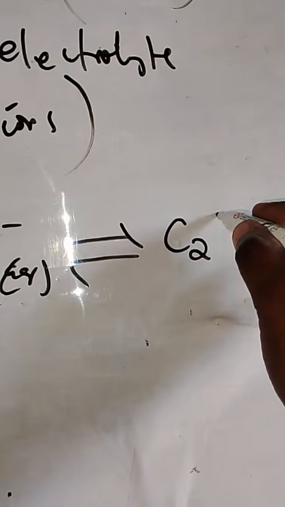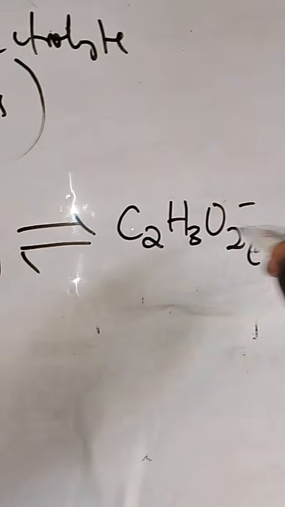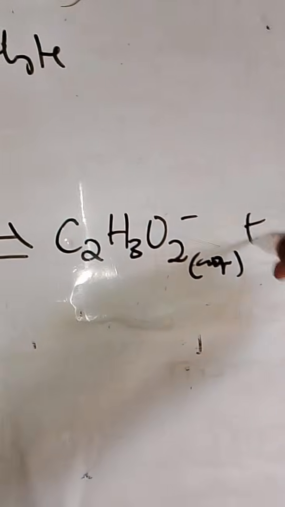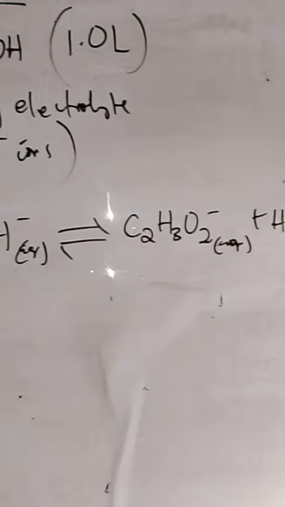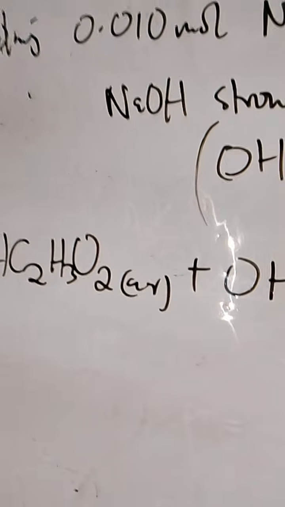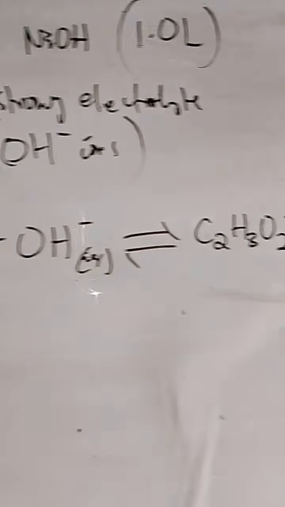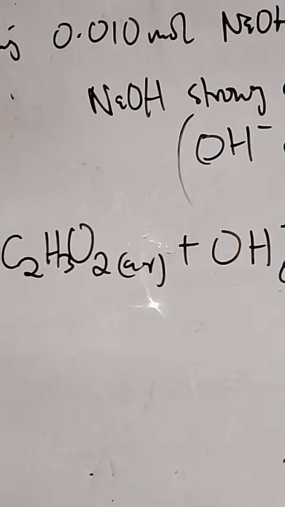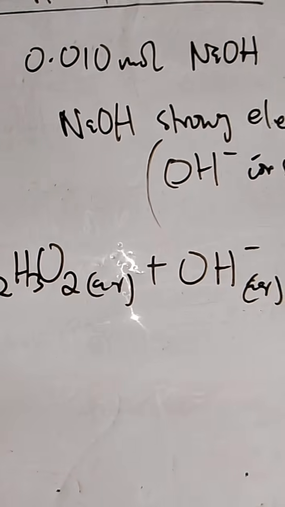We are going to have the conjugate base, C2H3O2 minus aqueous, then OH plus that hydrogen will form water. That is the equation that will result when OH is added to this buffered solution.